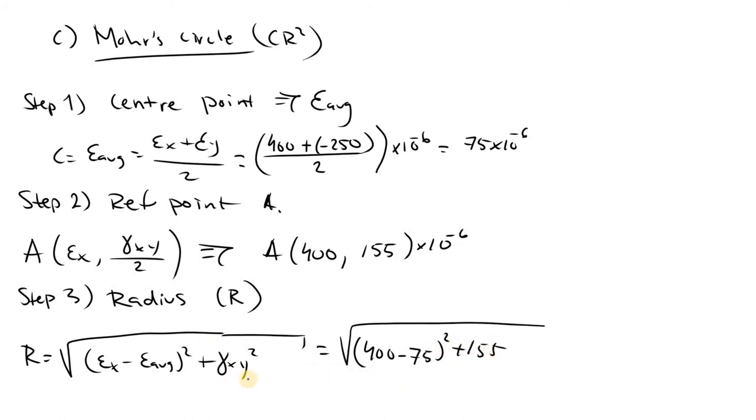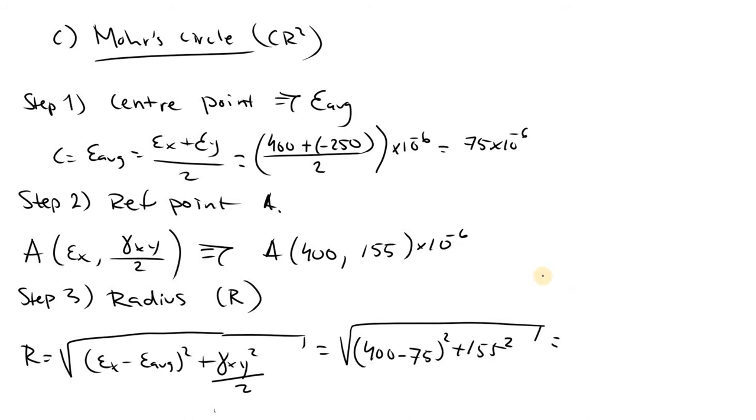Just recall, sorry, I missed this part, but divided by 2 again. Just remember, all the shear strains are divided by 2. So that's why I'm using 155 squared. Put that in our calculators.